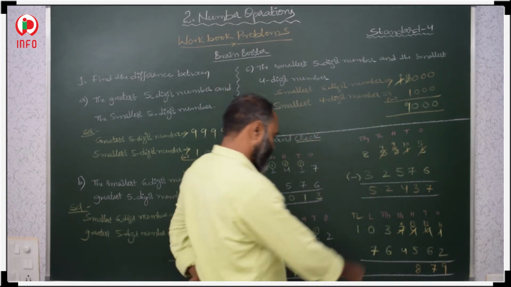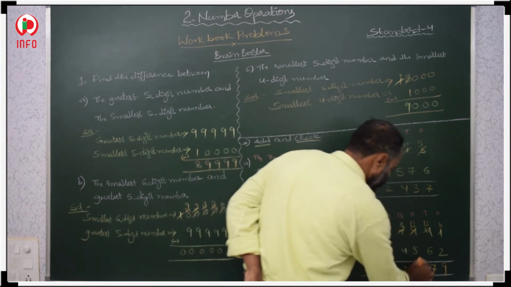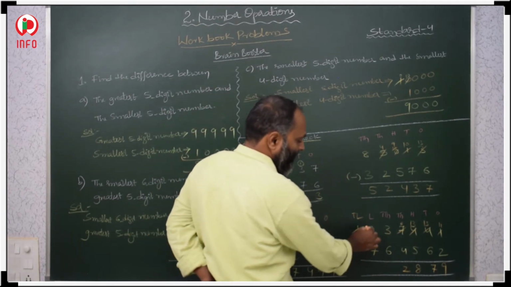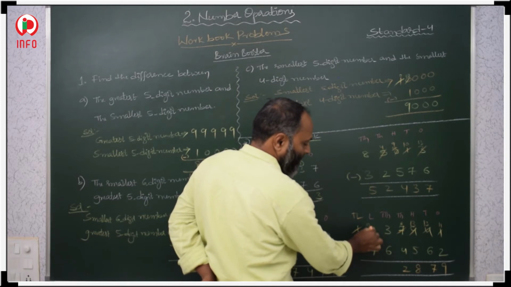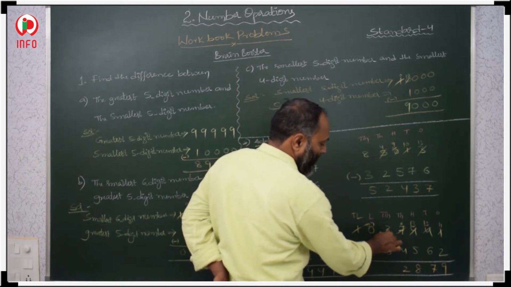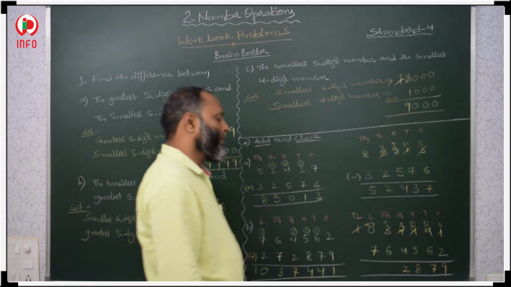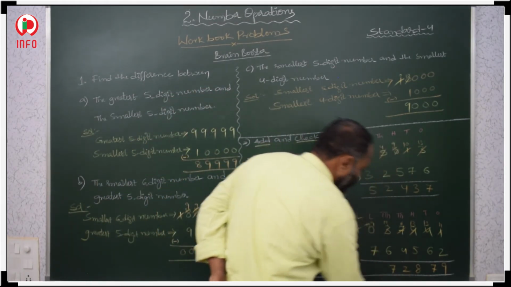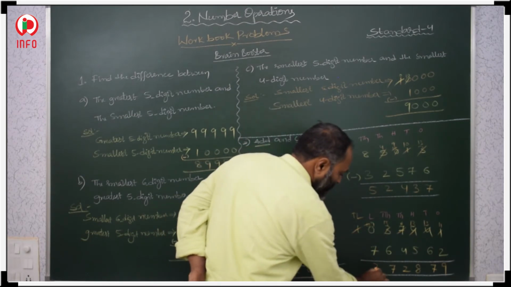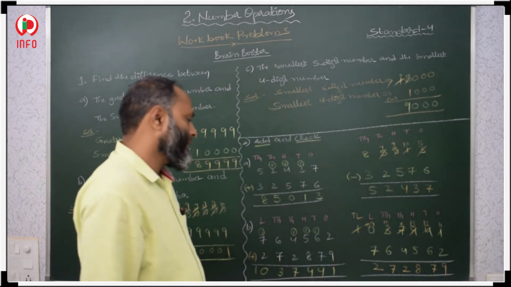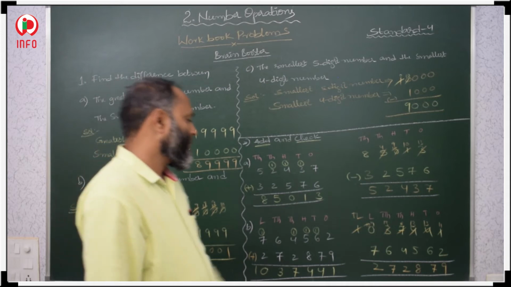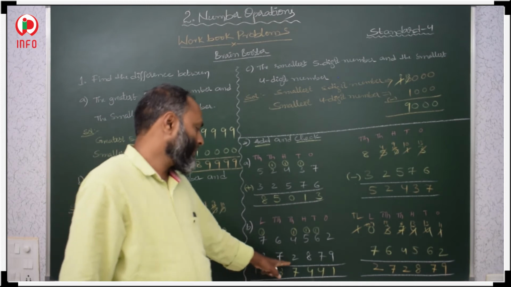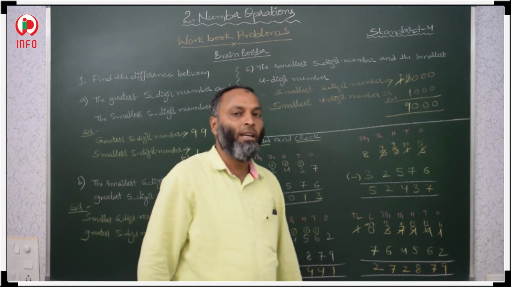Then 6 minus 4 is 2. Then 3. Take borrow from here, it will get increased by 10. Again from here, it will decrease by 1 and increase by 10. 13 minus 6 is 7. 9 minus 7 is 2. 2 lakhs 72,879.